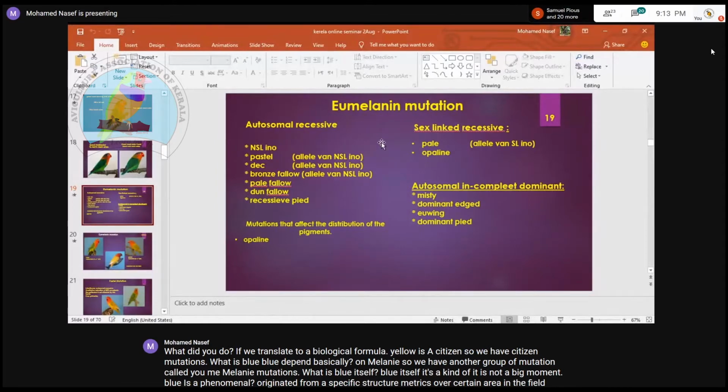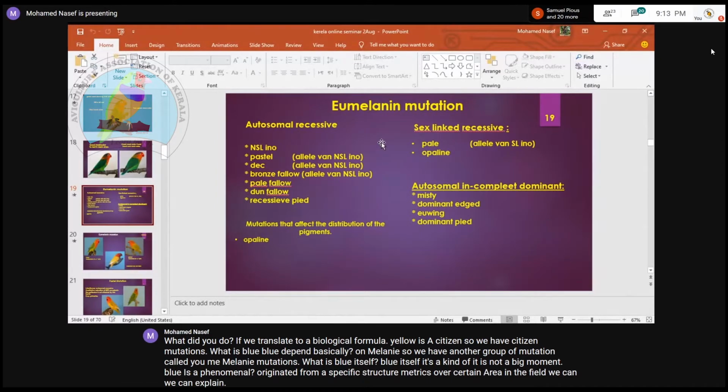We can explain the mechanism and the morphology of the feather later, or in another seminar.